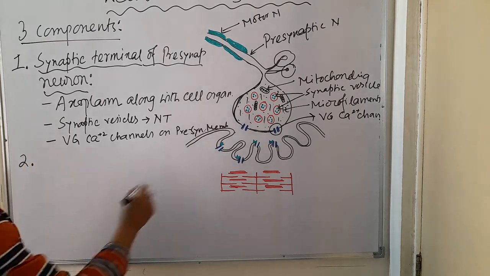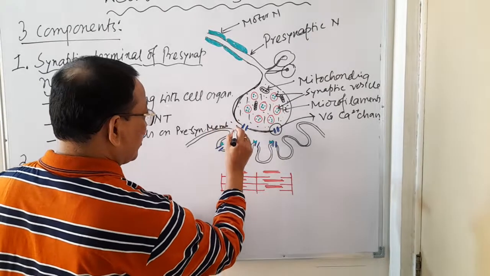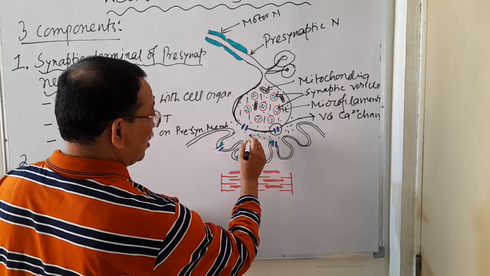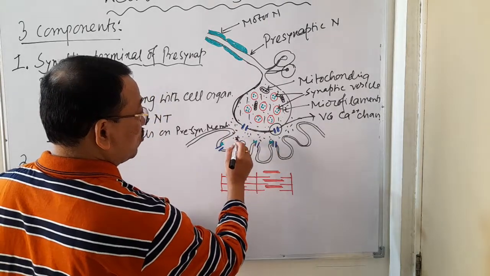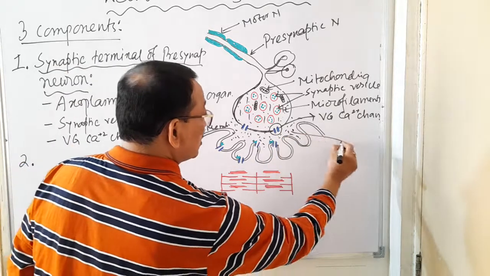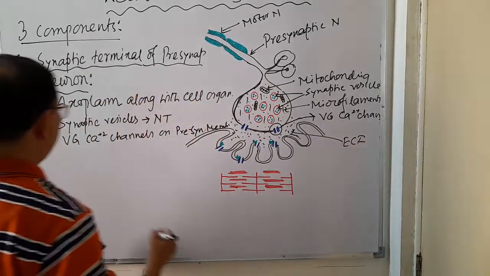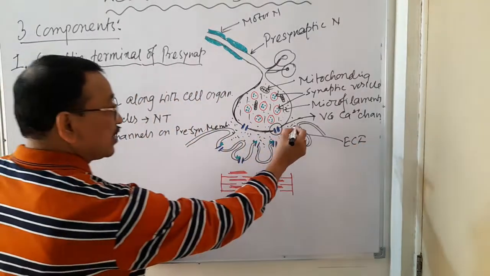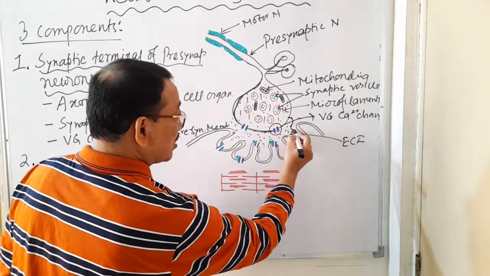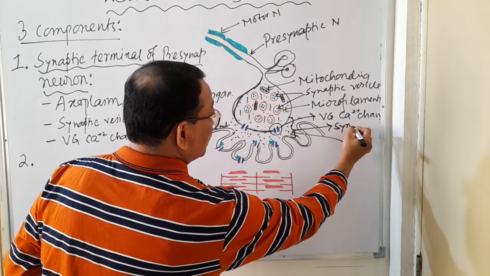The second component of this neuromuscular junction is basically the gap in between the sarcolemma and the nerve terminal. This gap is the extracellular fluid, and it is known as the synaptic cleft.